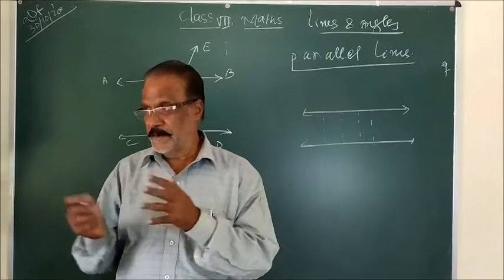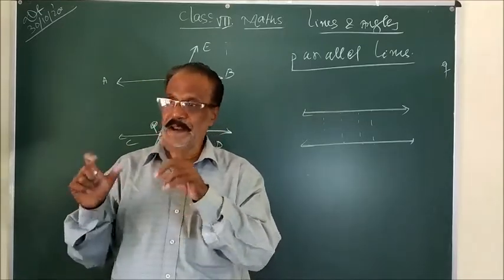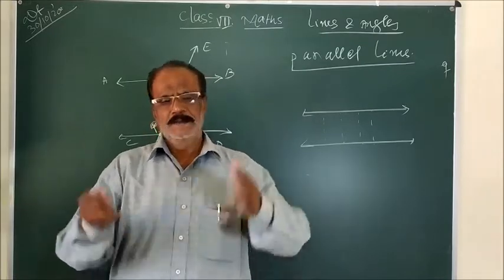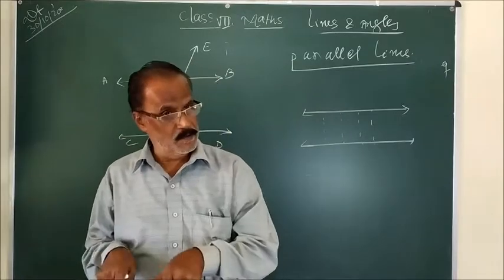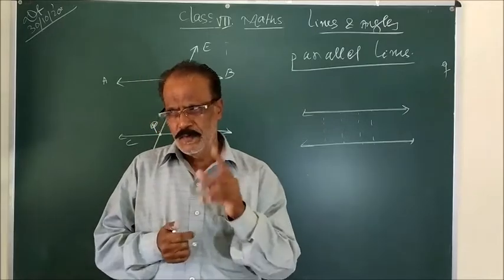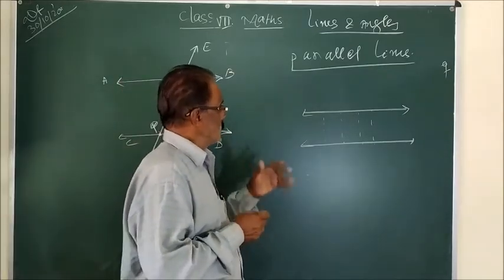The rods in the windows also look just like parallel lines. So did you understand the meaning of parallel lines? Those lines which lie in the same plane and never intersect are called parallel lines. So you understood parallel lines.